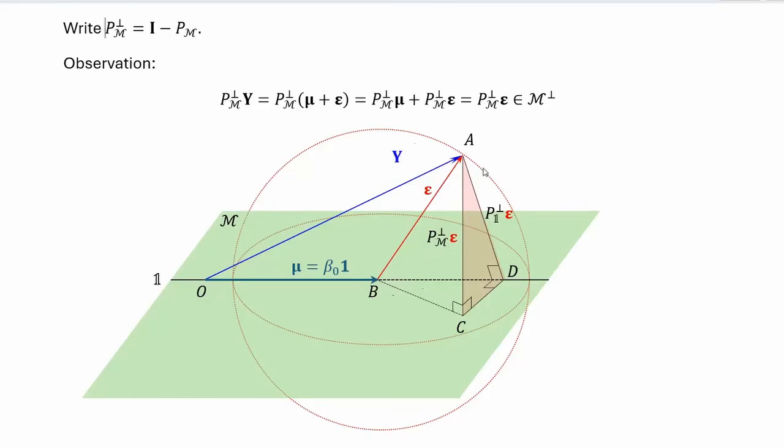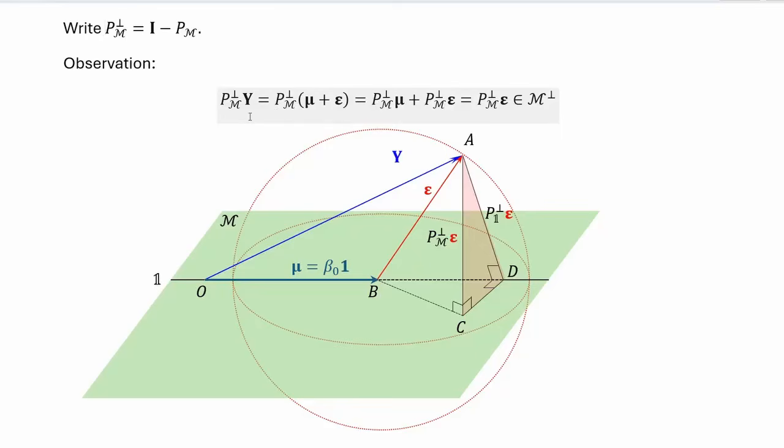And now we're going to do a bunch of projections. First, we introduce a notation, PM perpendicular, the identity operator I minus the projection operator PM. So PM perpendicular acting on a vector takes the perpendicular component of that vector relative to the space M. And here we can see from the diagram, PM perpendicular acting on Y is the same as PM perpendicular acting on mu plus epsilon. Right?